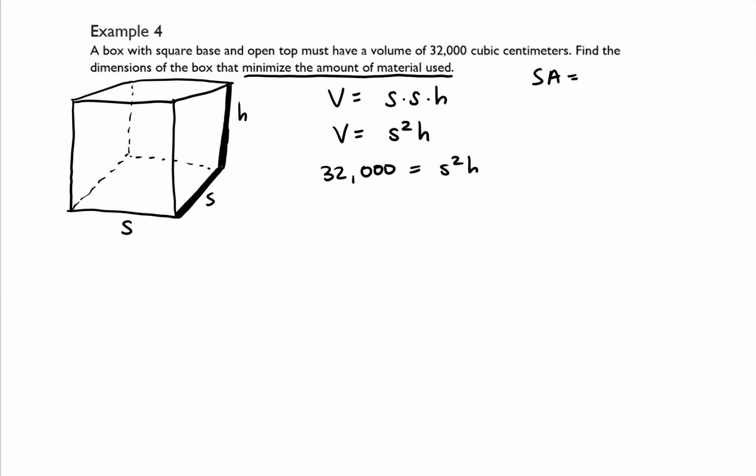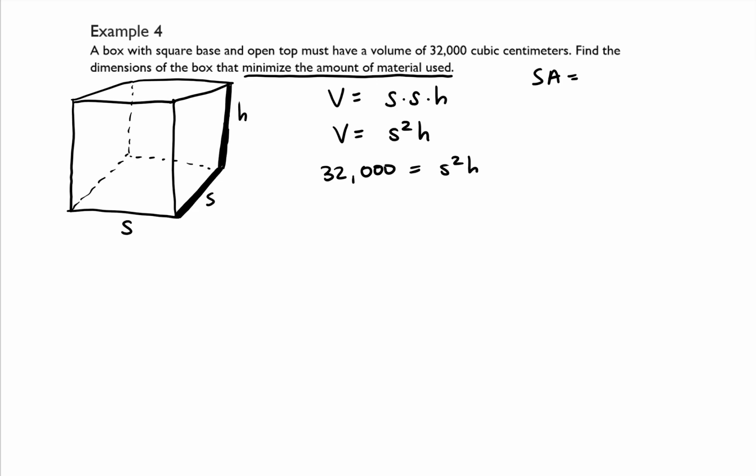And normally, if this was a closed box, we'd have the top face, but this particular box does not have a top. So we are adding up the area of 5 faces, so the bottom face plus the side faces.